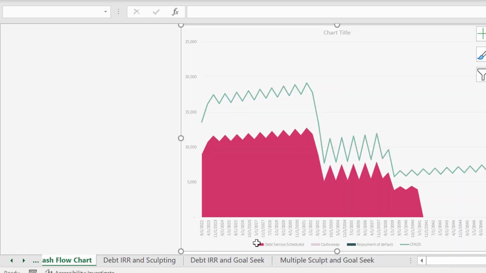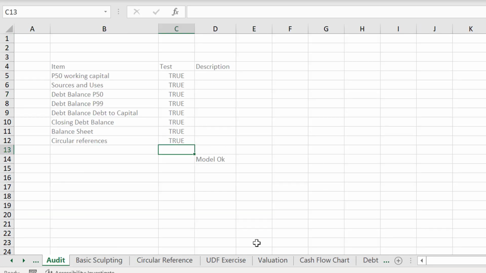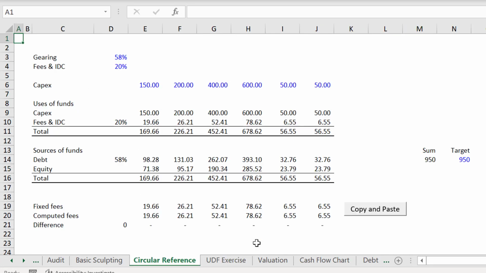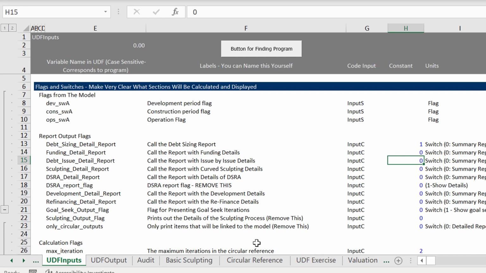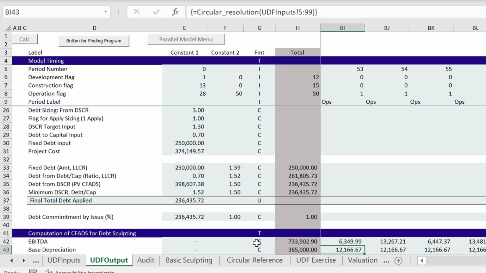Hetty has really helped me with this so much. And we've completely changed this whole UDF issue, okay? And what we've done is we've made the ability to put this in.